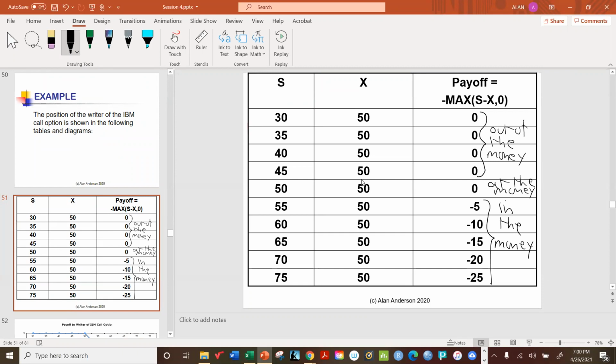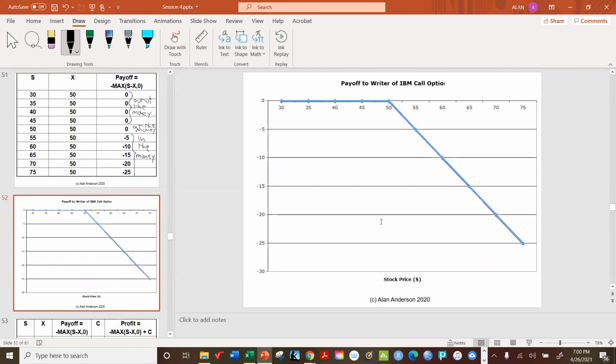And you can see too, the payoff can never be positive. Ooh, that's scary. The seller of the option can never have a positive payoff. What about the profits though? Oh, and let's look at the graph, of course. Ooh, now that looks kind of familiar.